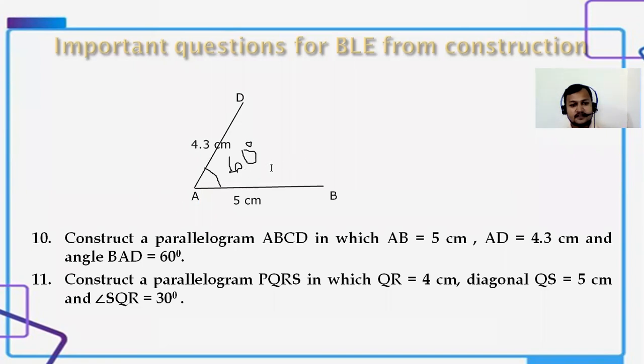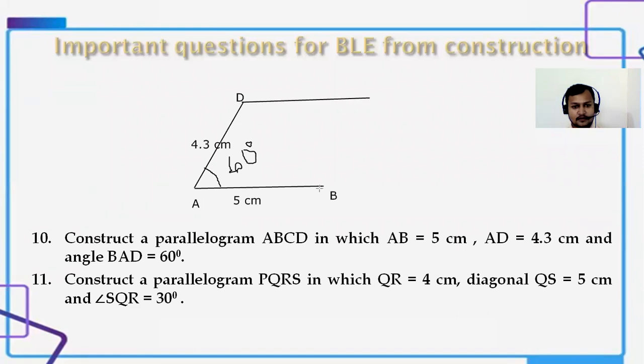It is 60 degrees. In a parallelogram, opposite sides are equal. Opposite sides means AB is the opposite side of CD. So we have to draw a line segment equal to AB here. Here too we have to draw another line of the same length from here. That is 5 centimeter.